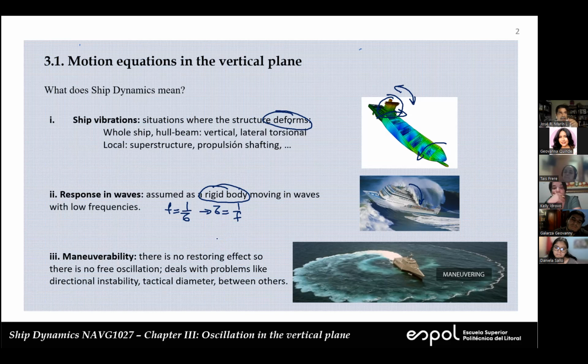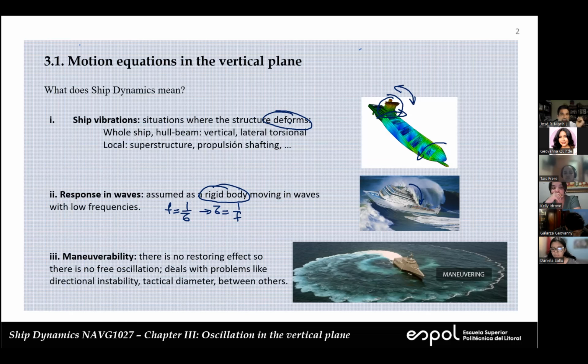Similarly, you make it rotate, like in this case, the ship is rotating. Since there is no restoring effect, there is nothing which tries to bring the ship back to its original position. And that means that if there is no restoring effect, there is no free oscillation. No oscillation.